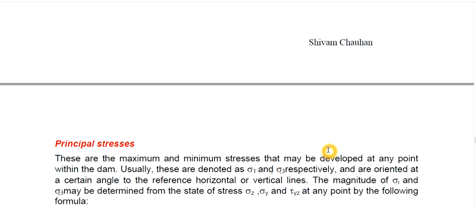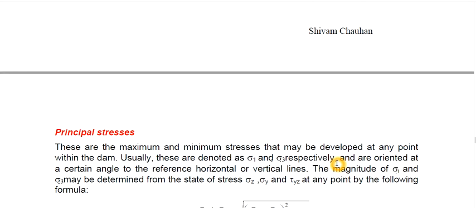Now, the point is how can we calculate the values of maximum and minimum principal stresses? So, here is the answer. We can calculate the values of sigma 1 and sigma 3 from sigma z, sigma y, and tau yz, which are the state of stresses: the normal stresses sigma z and sigma y, and the shear stress tau yz.